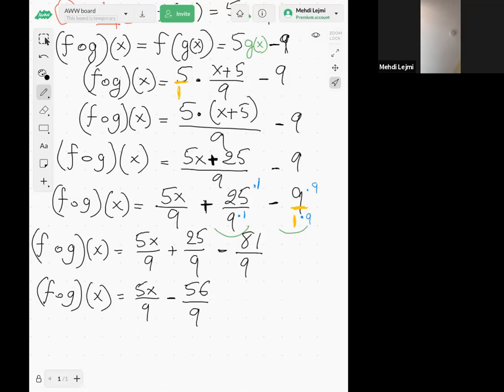We cannot really reduce this 5 over 9. So we are done. And obviously this is not equal to x. If it's not equal to x, then you don't have to move to the next step. We can conclude here, we are done. So in conclusion, g is not the inverse.